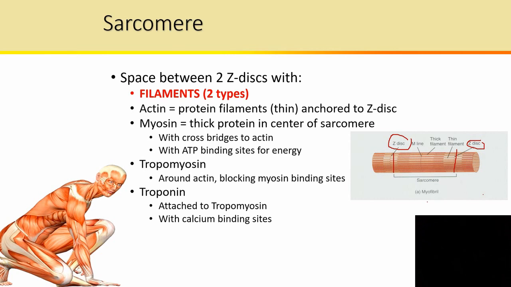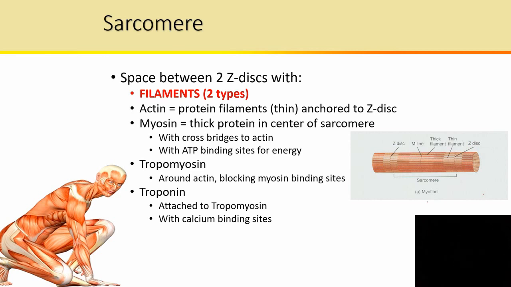Now, inside there, let me get rid of these. Here we go. If we look inside that muscle fiber itself, there are small little fibers. These small little ones right in here are called actin.